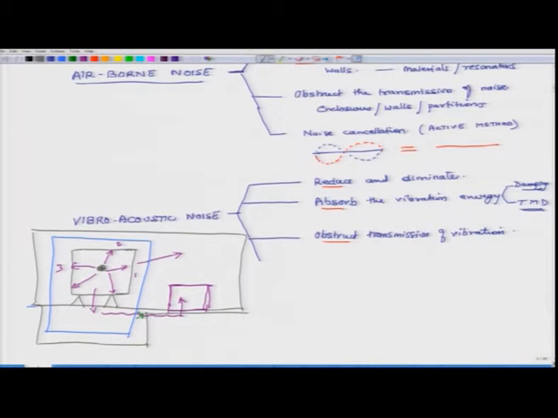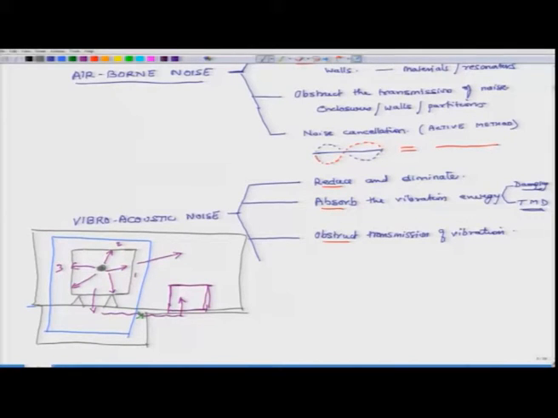When the foundations are different, then the transmission from this side to the other machine becomes very less, because ultimately the ground below this machine and the other machine are not physically directly coupled. As they are not coupled, vibrations cannot go from one part to the other part. So, that is one very effective way of ensuring obstruction of transmissions, and so this is the third strategy.